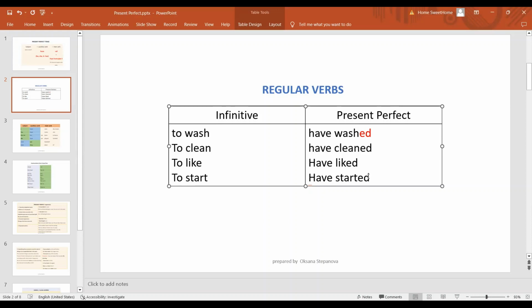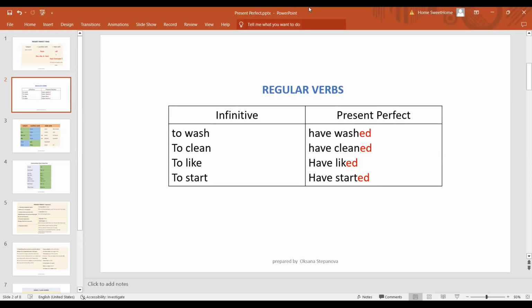To start, have started. So if we look at this, we can say that this is simple or not so hard, because we just add the ending ed, which means in our case present perfect. Just like we make past simple tense by adding the suffix ed, this is the same.